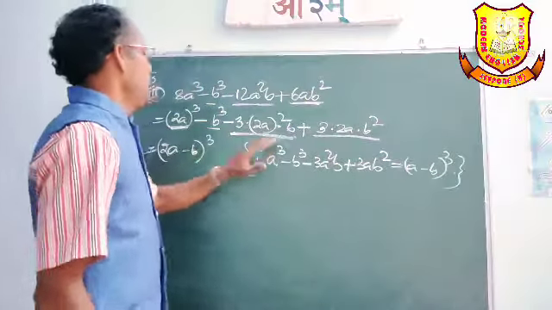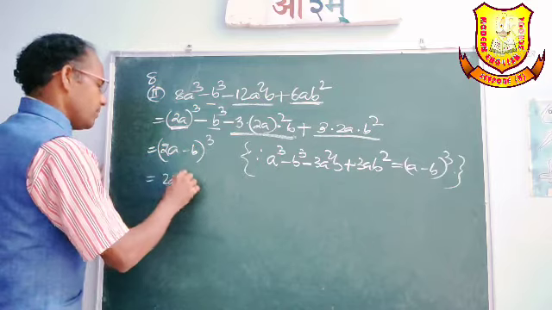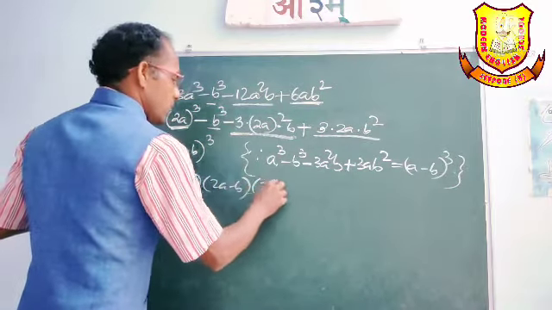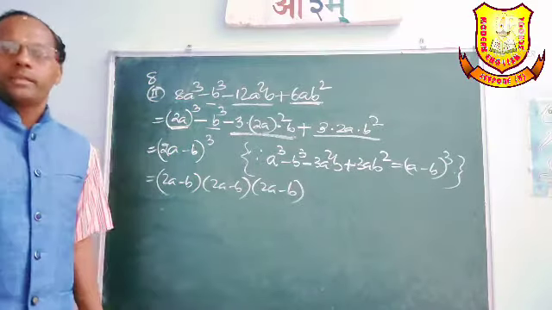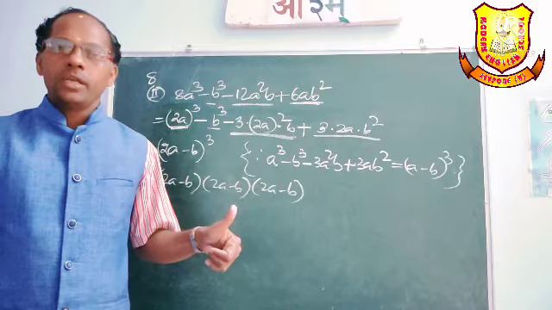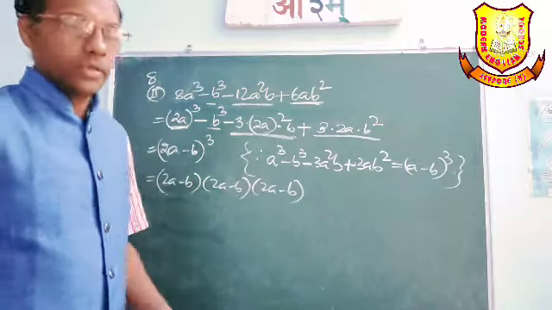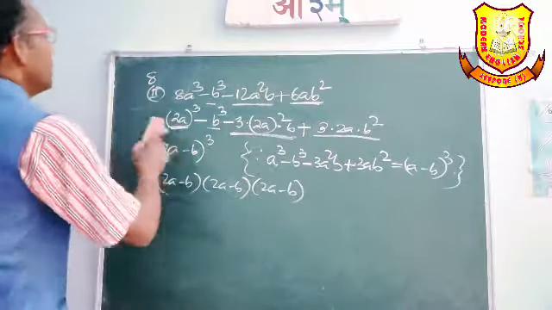This formula is applied here. So this is equal to 2a minus b whole into 2a minus b whole into 2a minus b. This is the factorization. Everybody understood? Yes, very good.